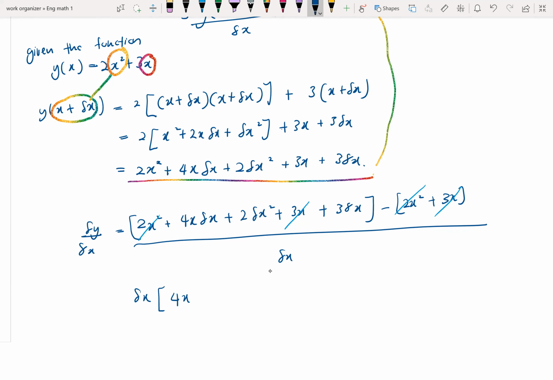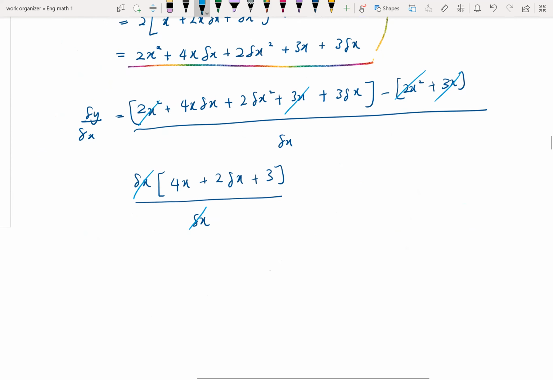So this will be 4x plus 2 delta x plus 3, so it can cancel out.